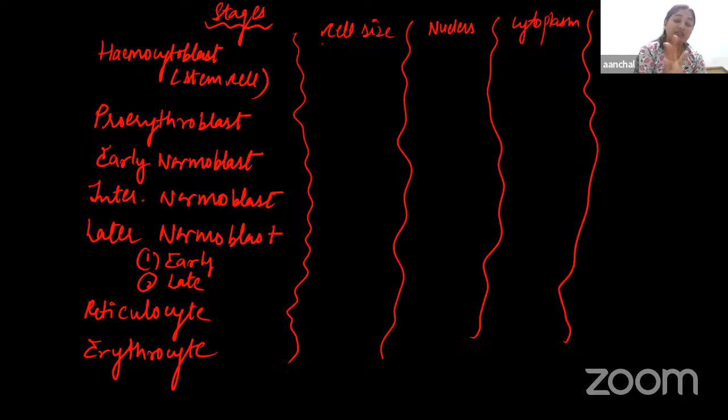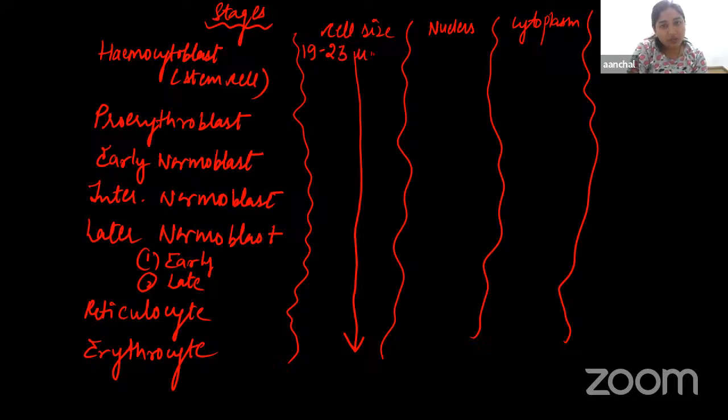So as the stages proceed, the size of the RBC will decrease, right? The size of the hemocytoblast is between 19 to 23 μm, and the size of the mature erythrocyte is 7 to 8 μm.